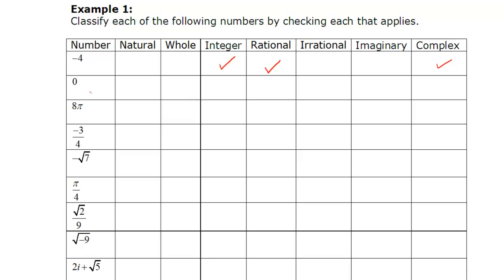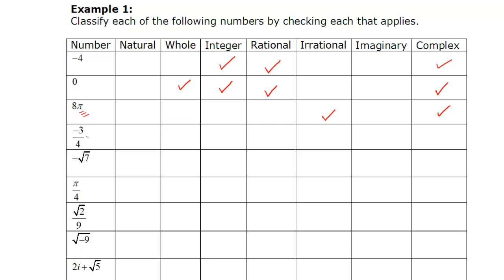So let's go overhead for the next few now. 0 is not natural. We added 0 for the whole numbers, which makes it an integer, rational, and all numbers are complex. 8 pi, well, this pi is a dead giveaway for us. Pi is irrational, so automatically it's irrational, which means it doesn't fit in any of the rational number sets. Irrational and complex.